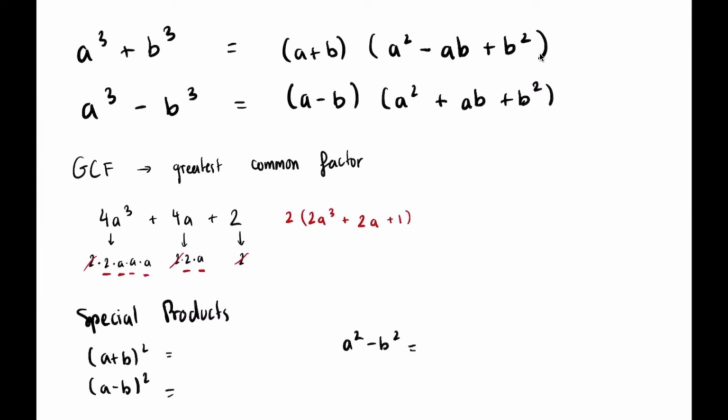Now, the expansion of a plus b squared is a squared plus 2ab plus b squared. Here, a squared minus 2ab plus b squared. And here it is a plus b and a minus b. Okay? These are the special products that you have to be familiar with.